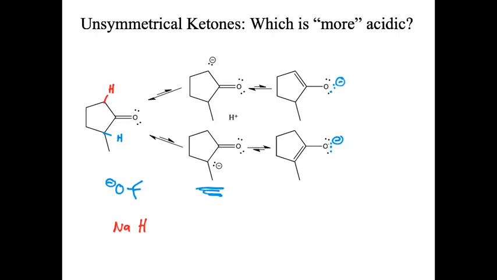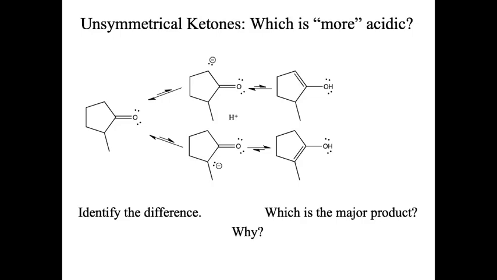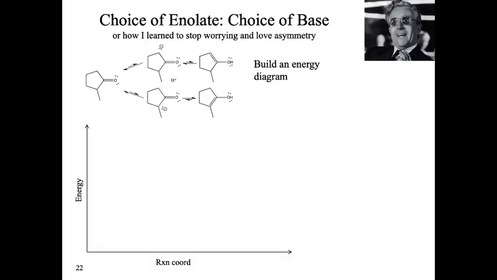So we can use temperature and we can use the strength of our base to dictate which product we get, be it kinetic or thermodynamic. All of that can be used through an energy diagram, which I will leave you to go through and do on your own, and if you would like to confirm it with me, you can. I would recommend you do that, because you've already seen my fondness of energy diagrams.